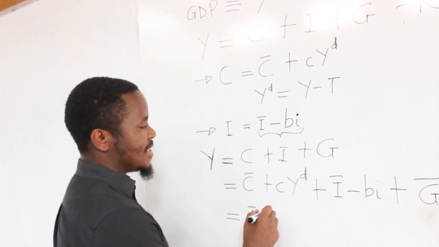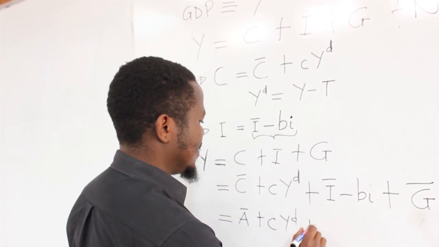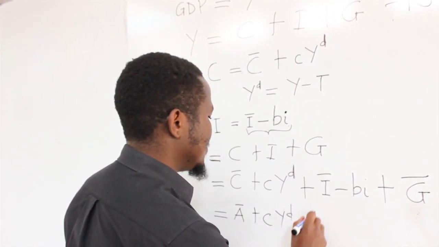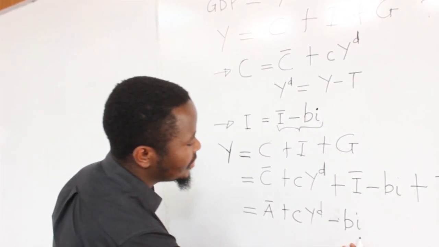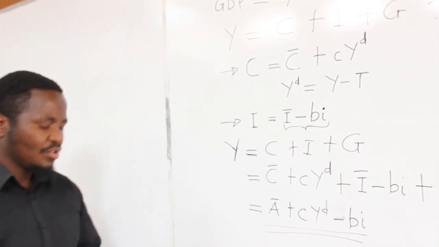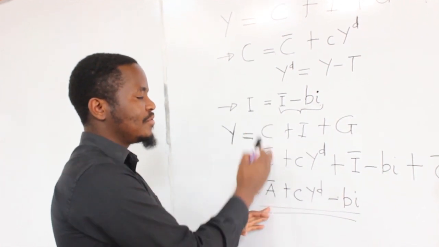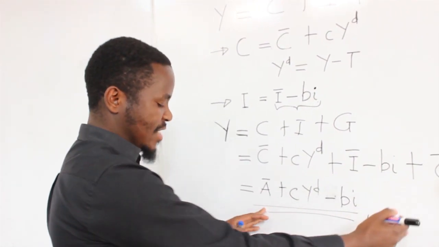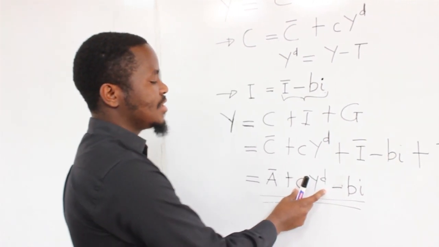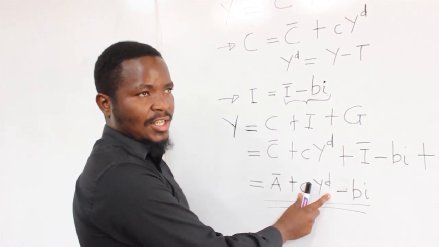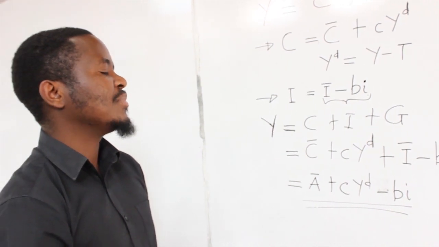So I'm remaining with CYD minus BI. This can be looked at as our total income in the economy: we have total autonomous expenditures, which is the sum of autonomous consumption, autonomous investments, and government expenditure. Then we have the level of total consumption that depends on the level of income, and the level of investments that also depends on interest rates.